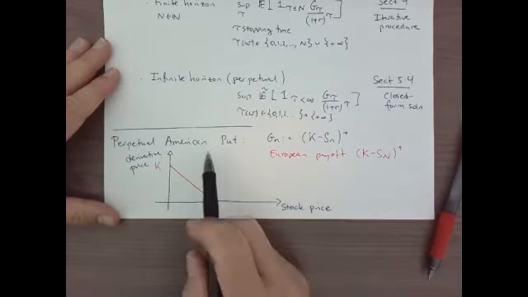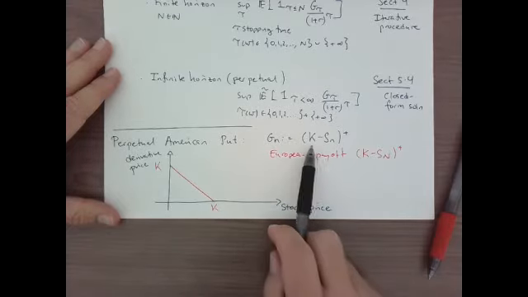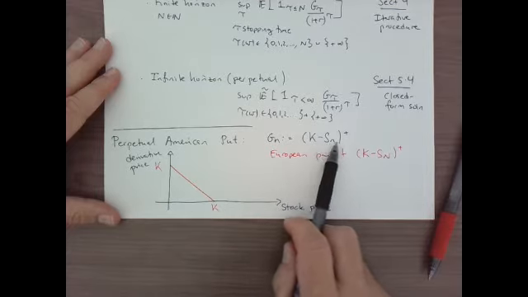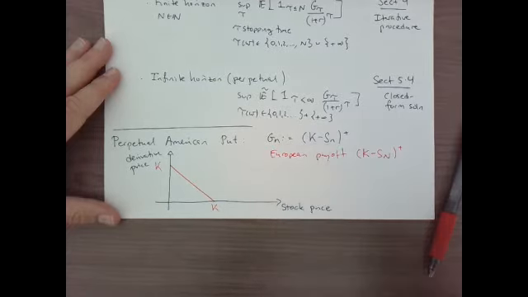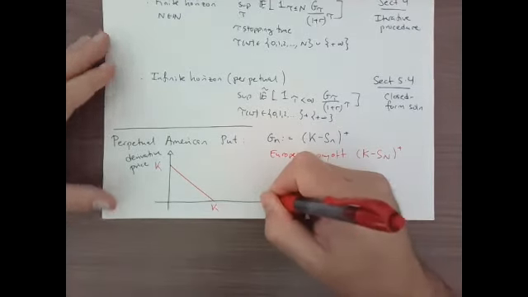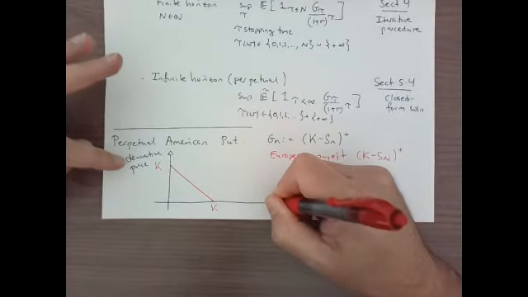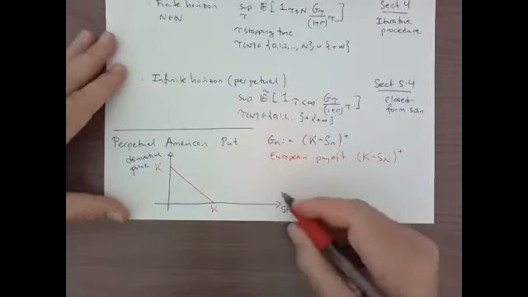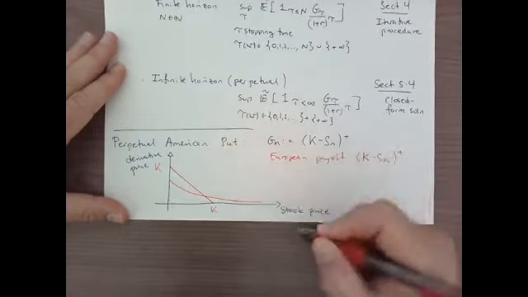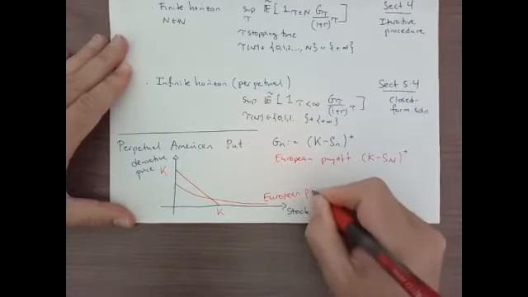For a put, if the stock price is very, very high, then the value of the put is not very high, because K minus something huge is going to be negative. So when I move out here, I'm going to get a small European derivative price. The European ones are the ones in red, and this one here would be the European put price.